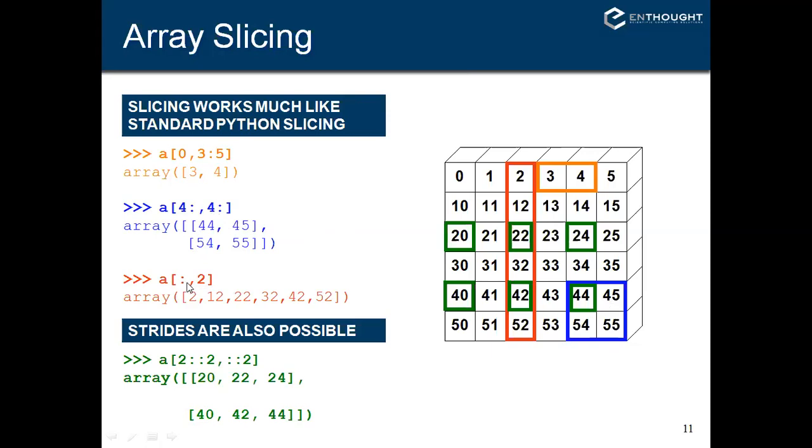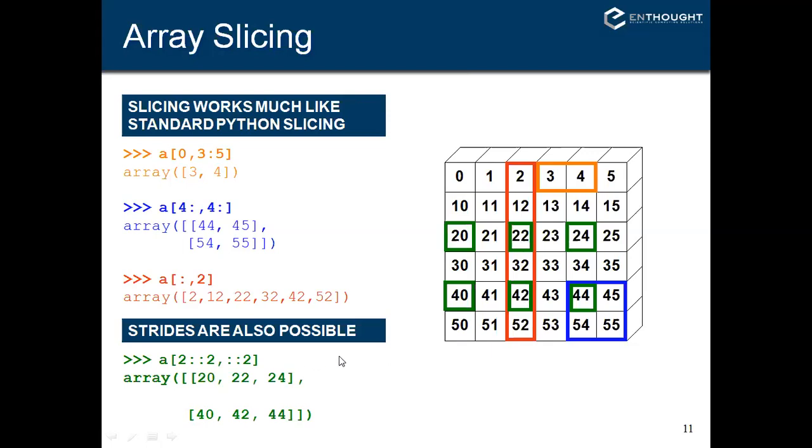Now I do not care about the first indexing position but the second indexing position. So I am not looking at the row but some column. Which column is it talking about? 0, 1 and 2, the second column. So 2, 12, 22, 32, 42 and 52 type of data is there, right?